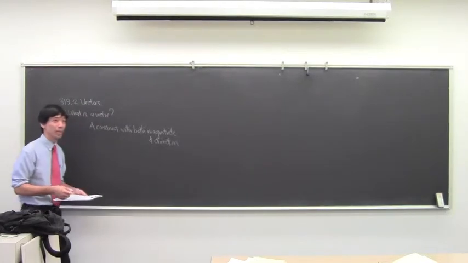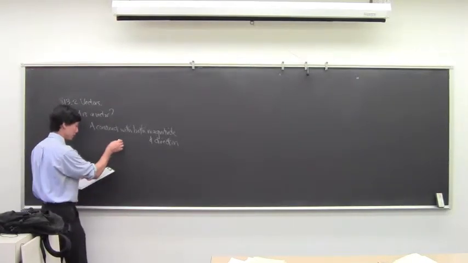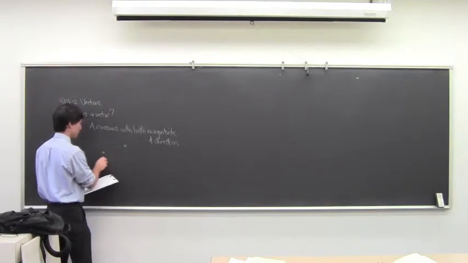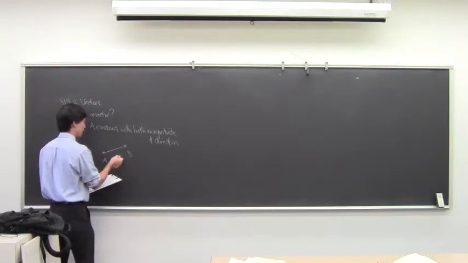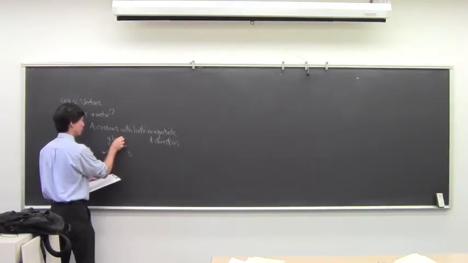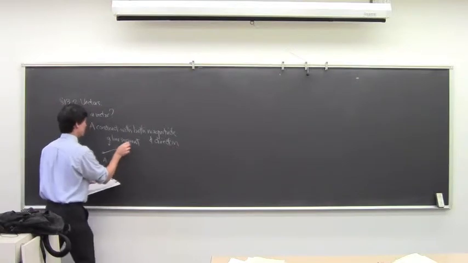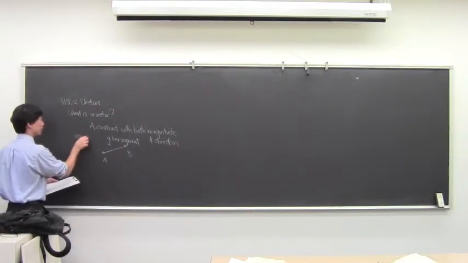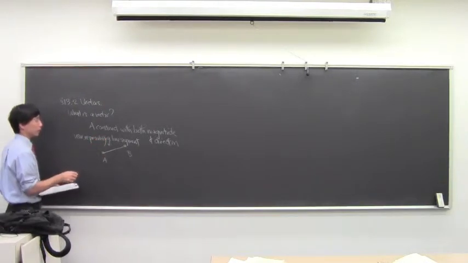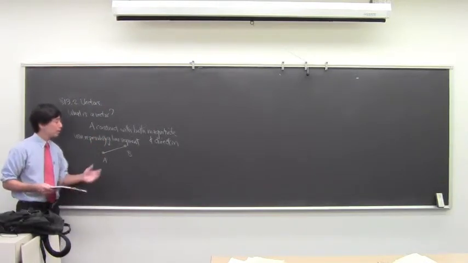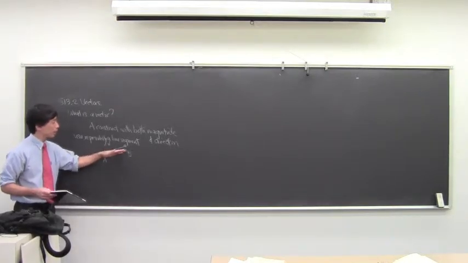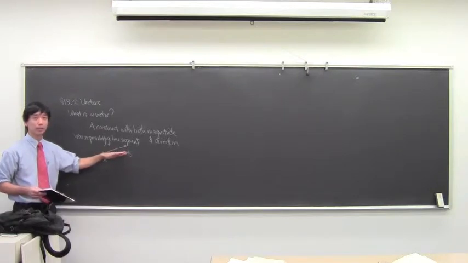And it's usually represented by some line segment between 2 points, say some point A and some point B. That line segment captures the notion of magnitude, and to some degree it captures the notion of direction, right?